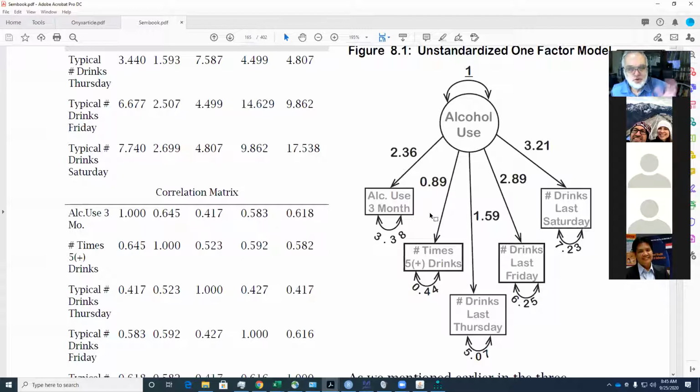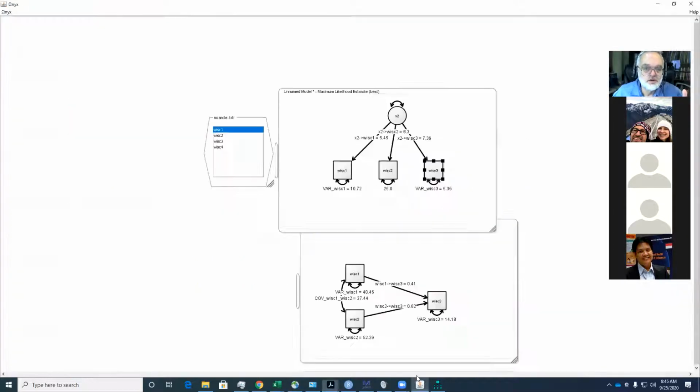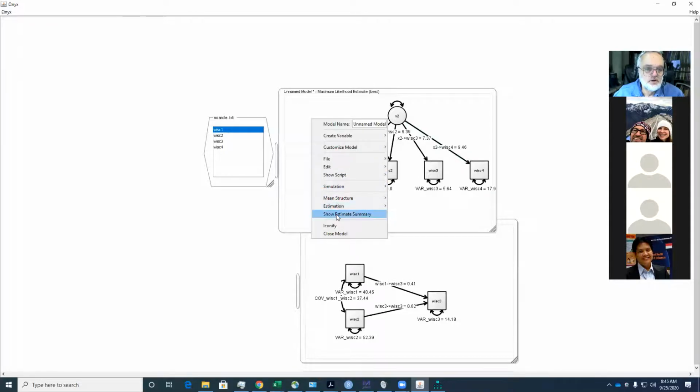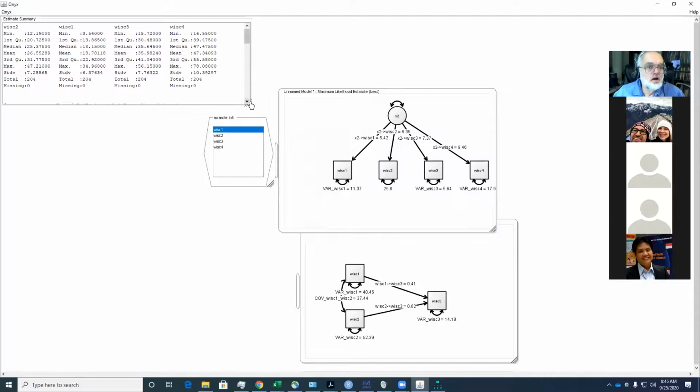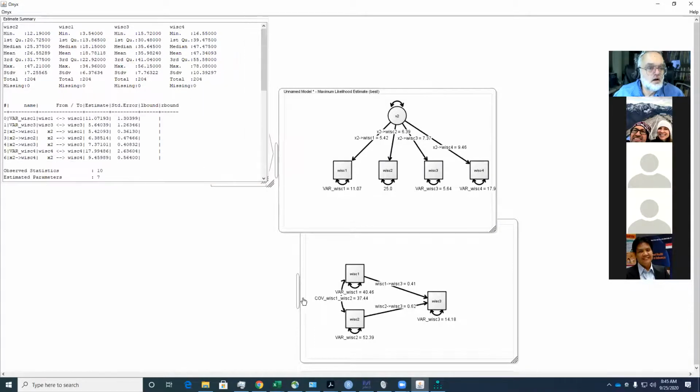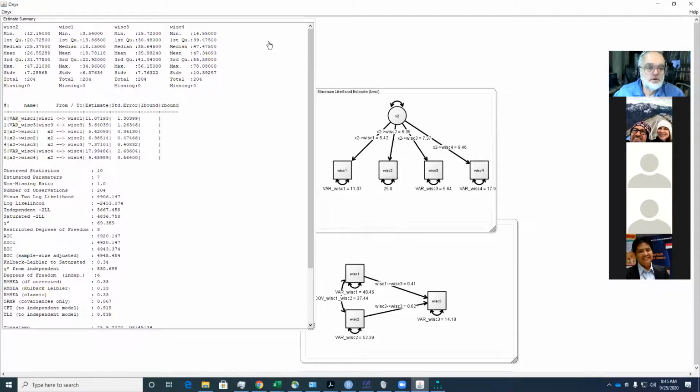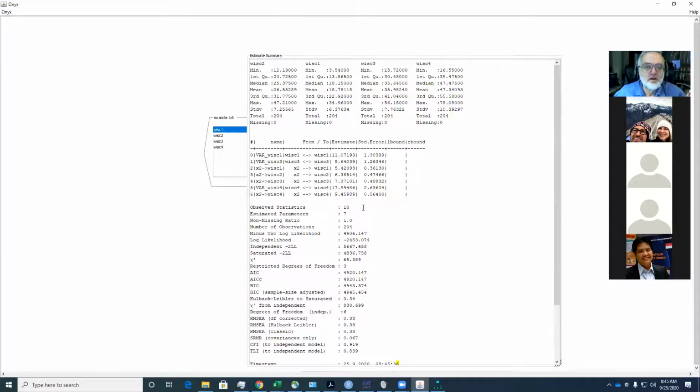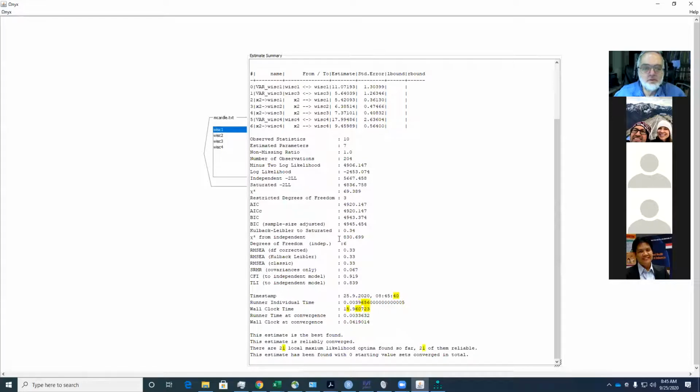So just to show a picture, let's come back and do a quick little Onyx thing. Let's add variable 4 to this and draw a model there and free that parameter. Now I'm doing a confirmatory factor model. Here's my chi-square with 6 degrees of freedom, and it's 830.